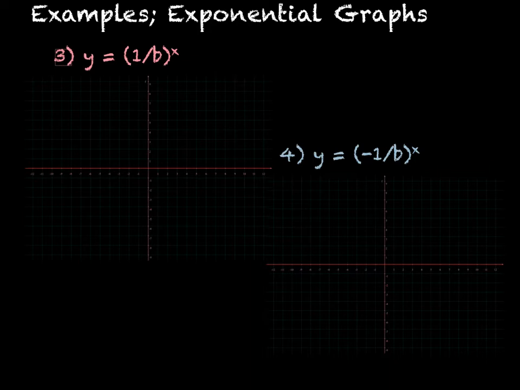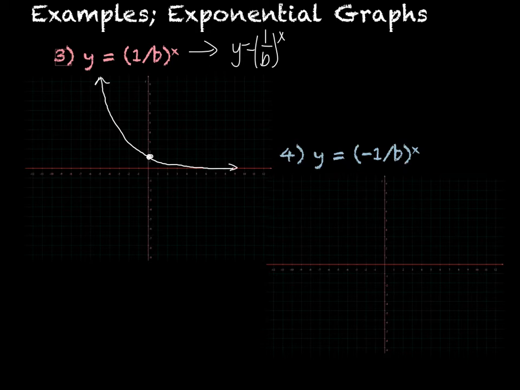We also have the possibility of having fractions. So this next one, we have y equals 1 over b to the x power. Okay, so this one, we're going to be crossing at 1. That's the common thing. It always crosses at 1. It's going to be high on the left, and it's going to come down.